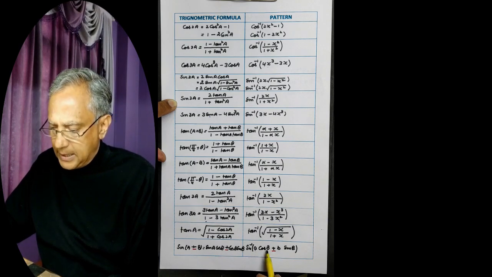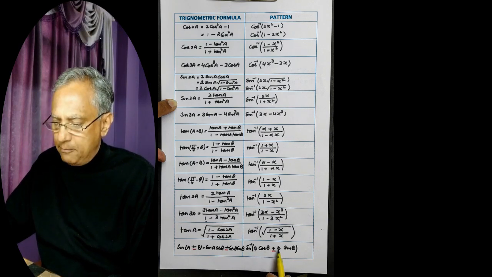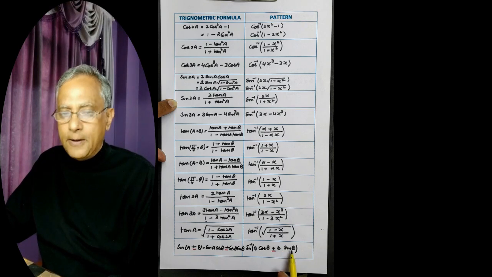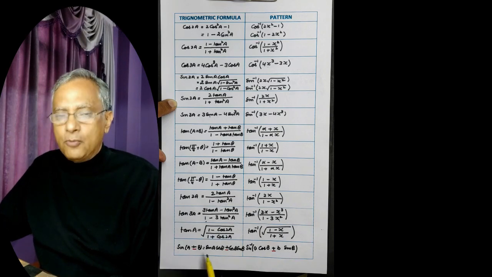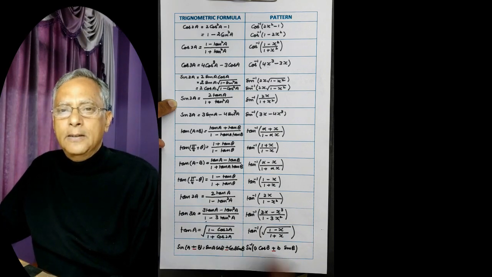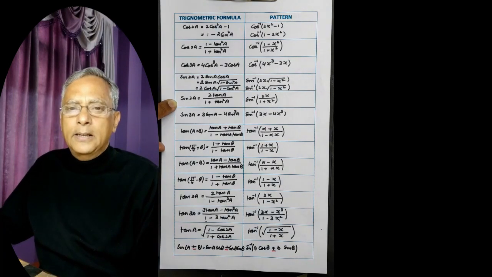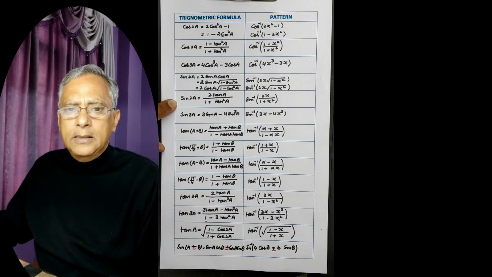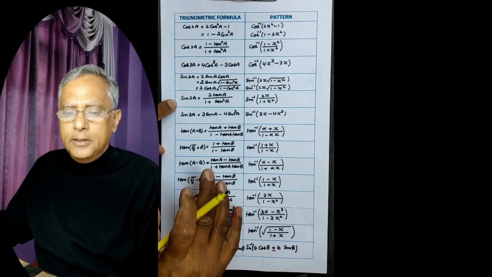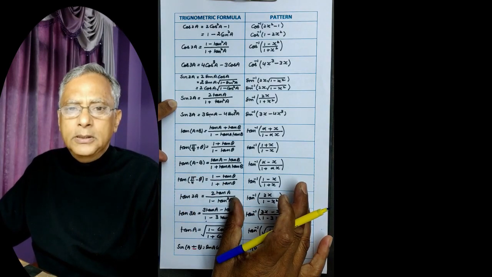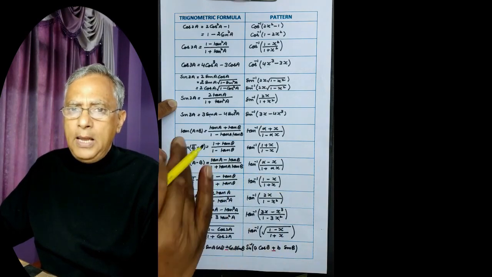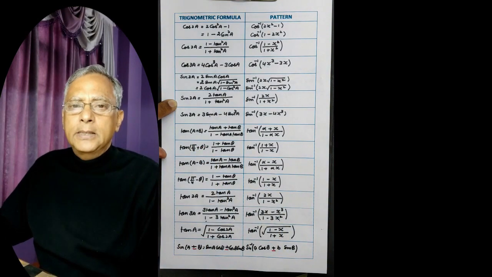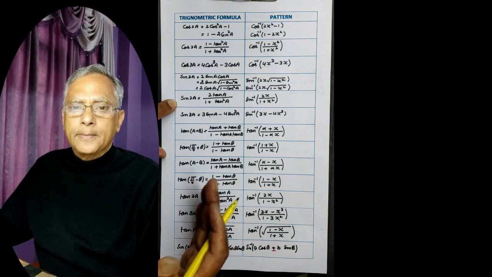So we will have R sin alpha cos B plus R cos alpha sin B, so we will have sin alpha cos B plus cos alpha sin B. So we will have the formula for sin of A plus B. Similarly, you can see the other trigonometrical formulae. So this idea is now clear: observe the pattern in the formula and make the corresponding substitution.